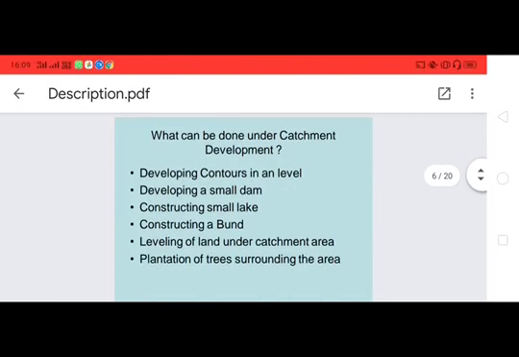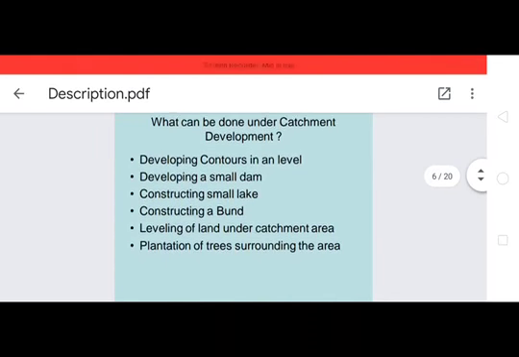Then what can be done under catchment development? As I am discussing artificial catchment creation, about that brave person who dedicated 20 years of work, like the man behind the path, we know him as Maji.